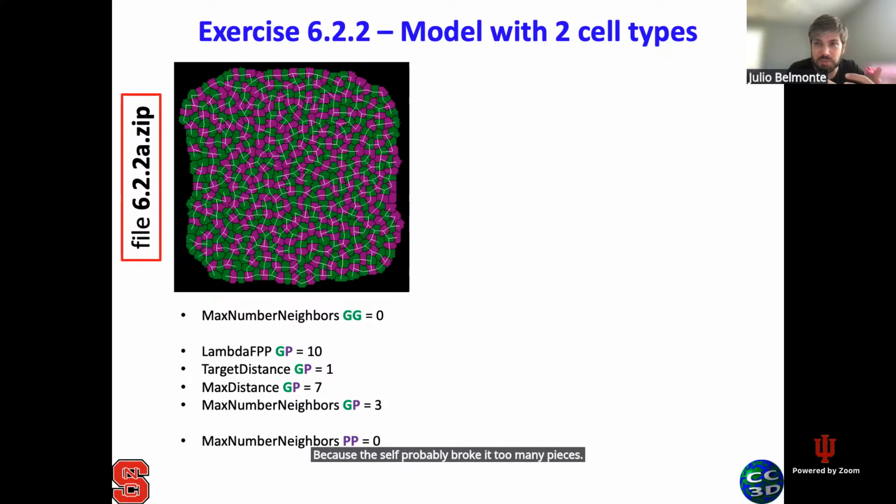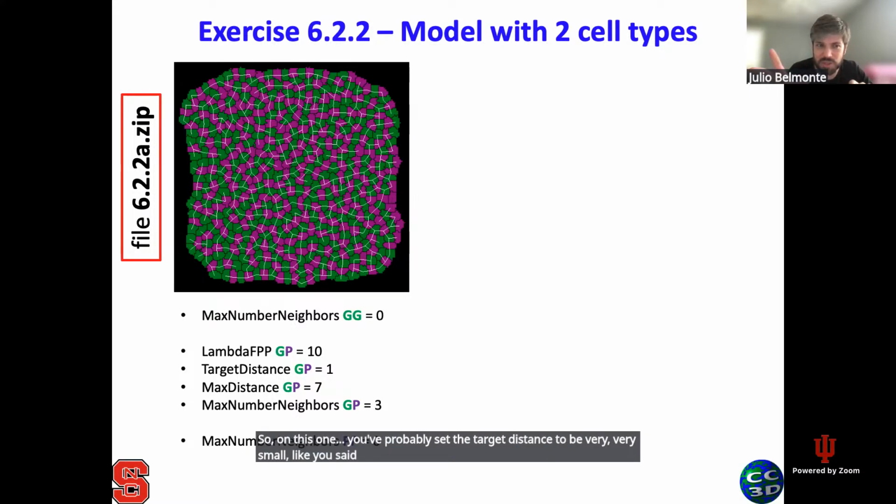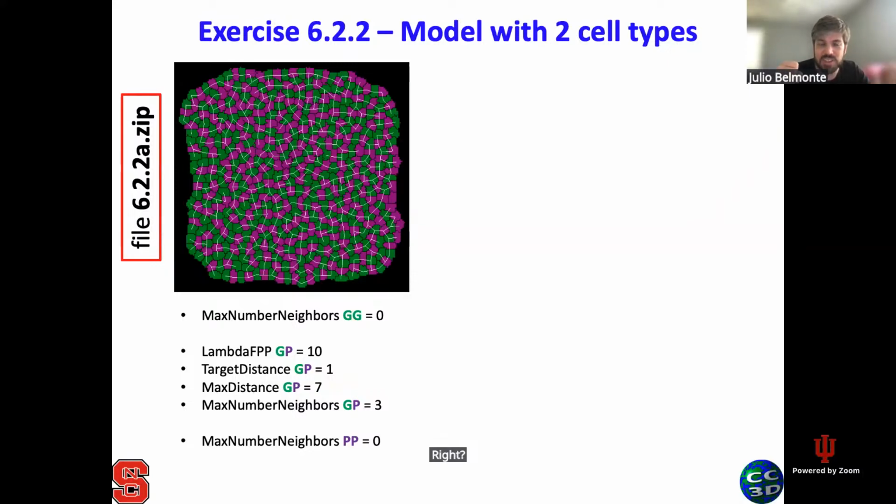So you had cell fragmentation. So on this one, you probably set the target distance to be very small, and also the lambda very strong, right? You probably did both things.